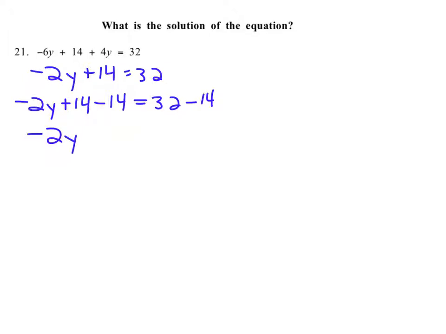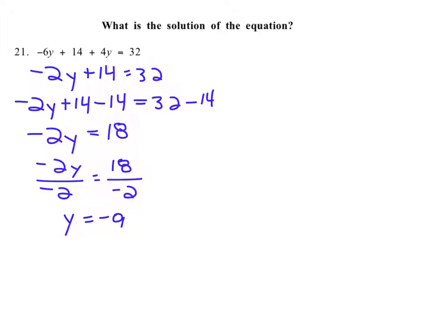And then we get negative 2y equals 32 minus 14 is 18. Now we can say, okay, divide both sides by negative 2. And we get y equals negative 9.